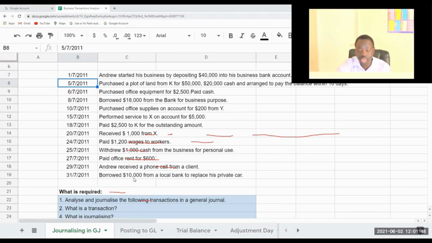The reason we don't record this is called the entity concept. It says the business is separate from the owner or other entities. So this one is not related to the business. Although you have a figure, you cannot record it in the business books. So we leave this one here, cannot be recorded.